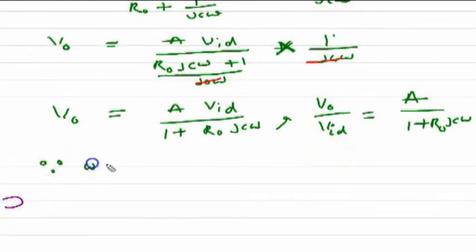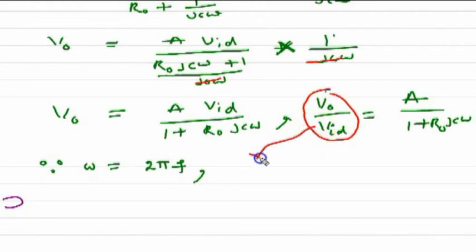Because omega is 2 pi f, substituting this omega in the expression, V naught over VID, the gain as a function of frequency, becomes A divided by 1 plus R naught jC times 2 pi f.